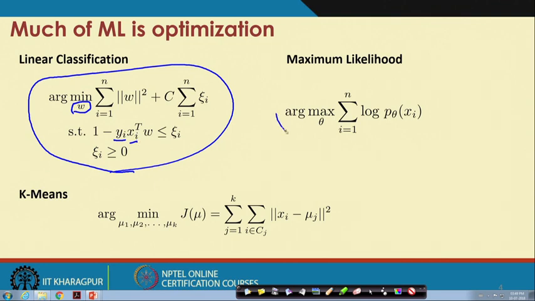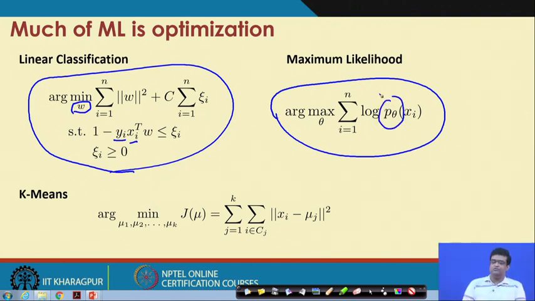Another very important class of methods is maximum likelihood parameter estimation. Given any probabilistic model P theta, which defines a probability distribution over the random variables xi, these are the observed quantities.